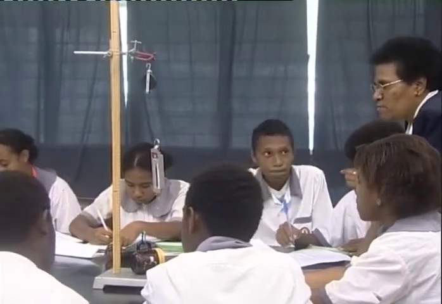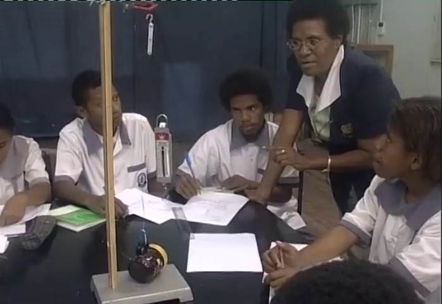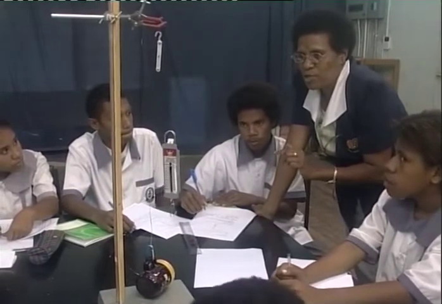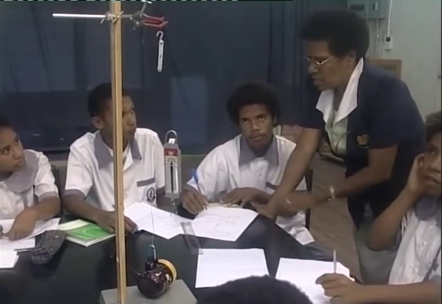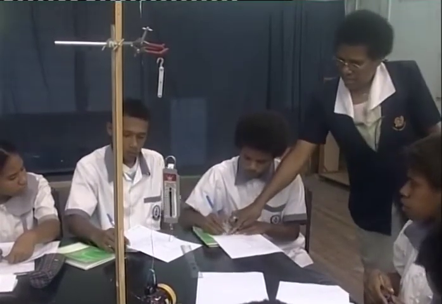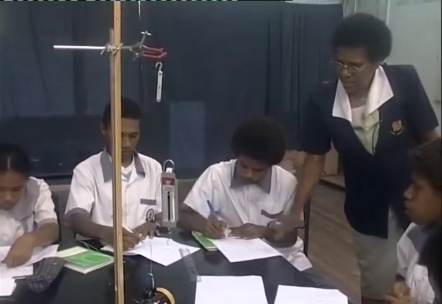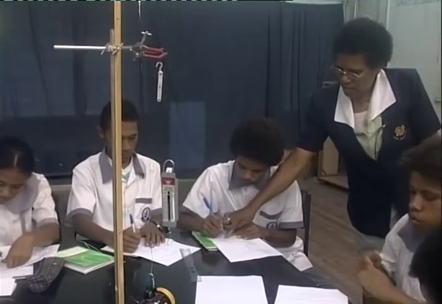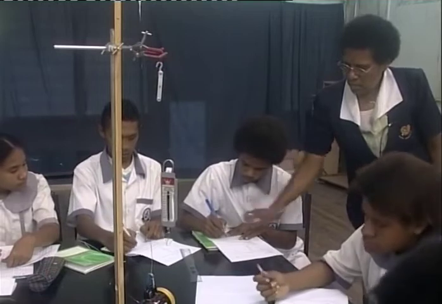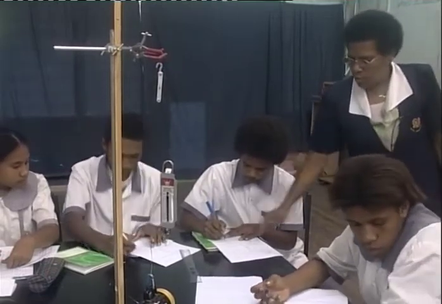So 25 centimeters is 0.25 meters. You have it recorded: effort, distance moved by effort, 0.25.